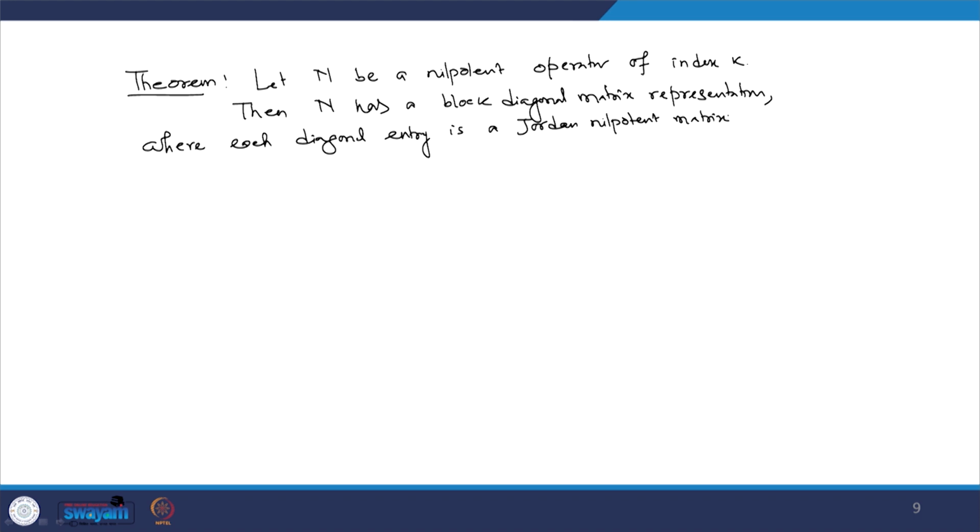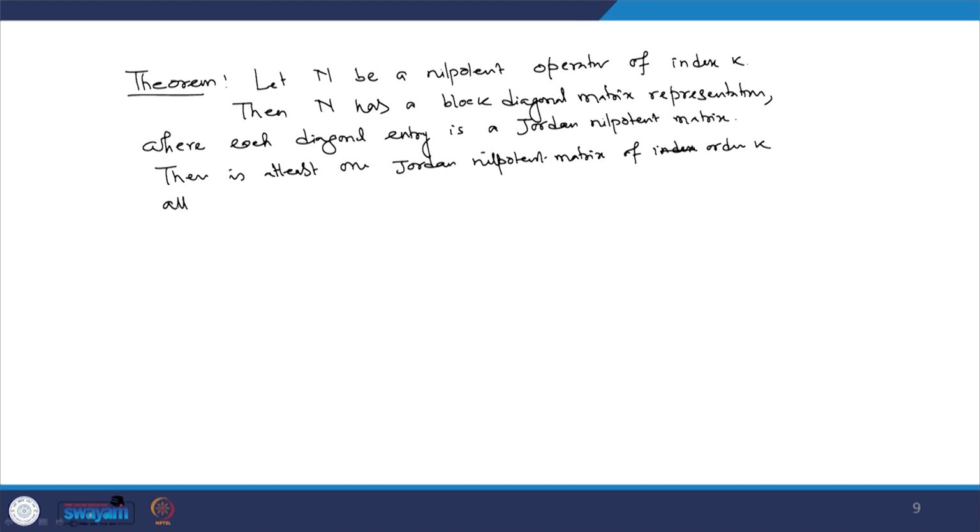There is at least one Jordan nilpotent matrix of index, or order, k, because a Jordan nilpotent matrix of index k has to be of order k by k as well; a matrix of index k or order k.